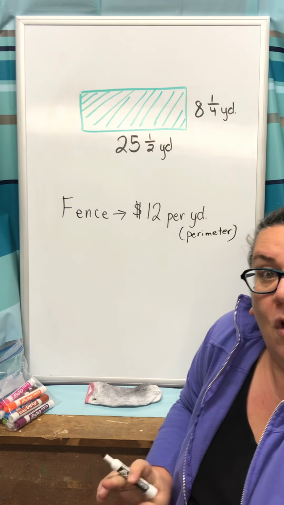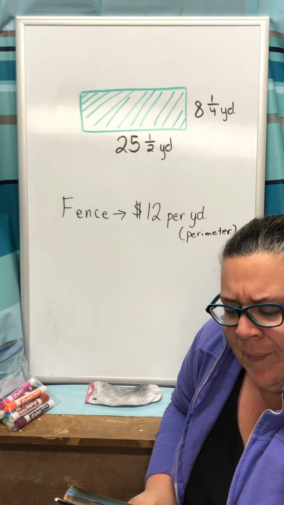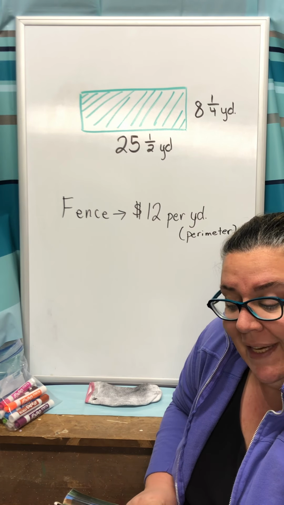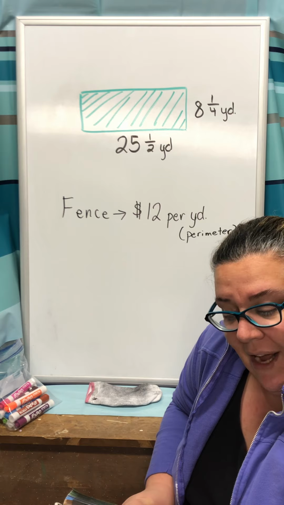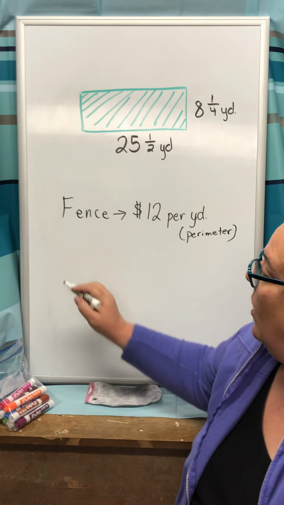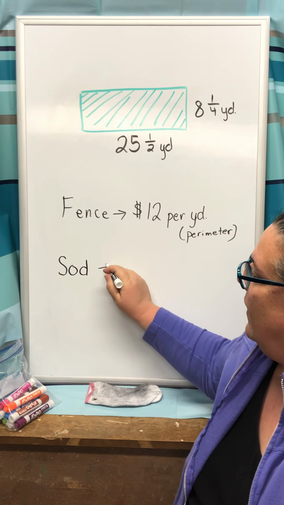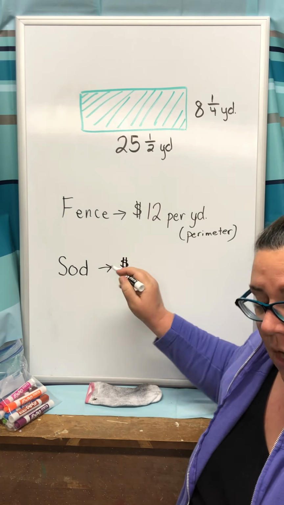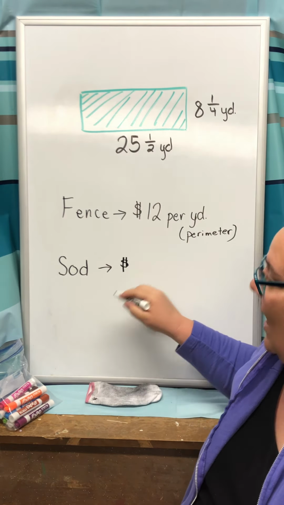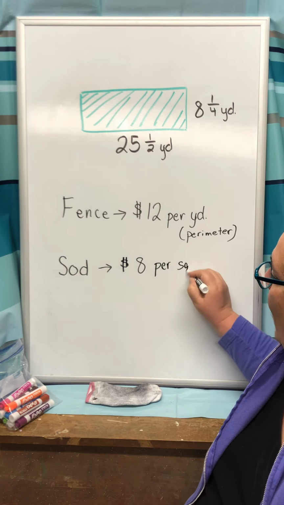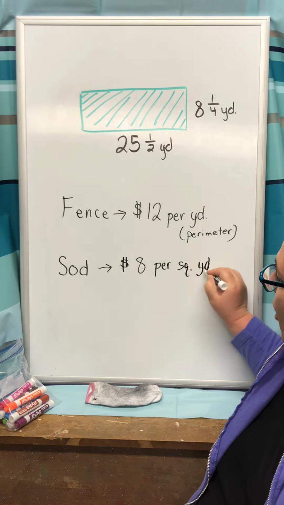But then there's also more to this problem. So it says, each square yard of grass sod that covers the entire park costs $8. So now the sod, that would be the grass part that they're going to be putting in, it's going to cost $8 per square yard.